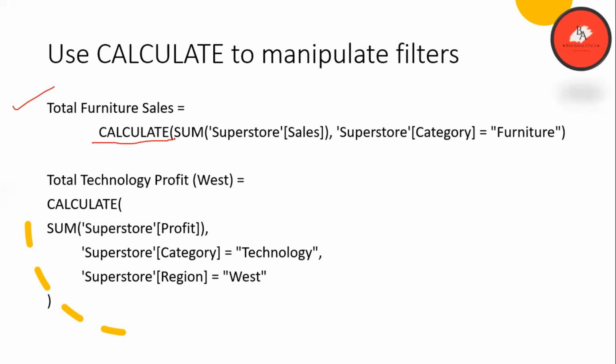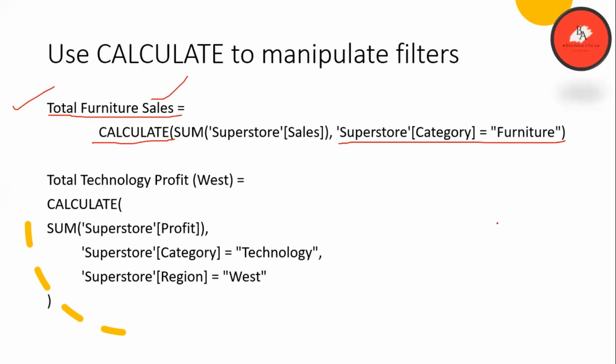Okay. So let's see. Total furniture sale. I just need the attribute furniture from the category column, and I need to know the total sales of furniture only. So you are manipulating the filter, right? So sum of sales we have, out of which there is a condition that the category must be equal to furniture.